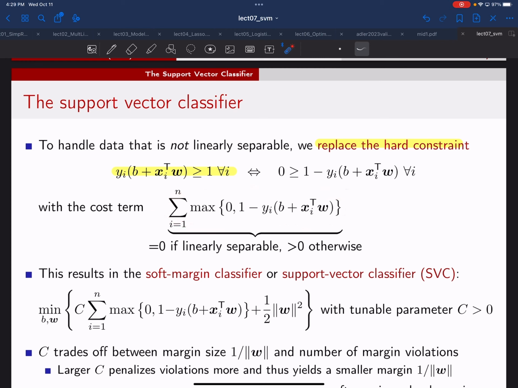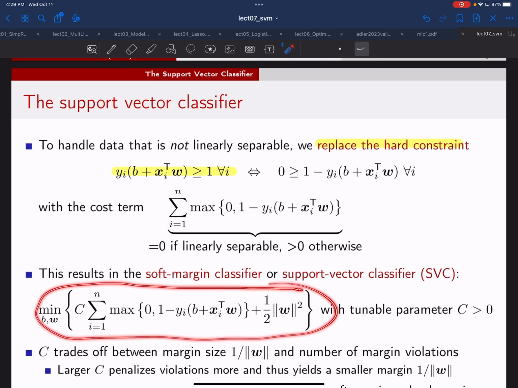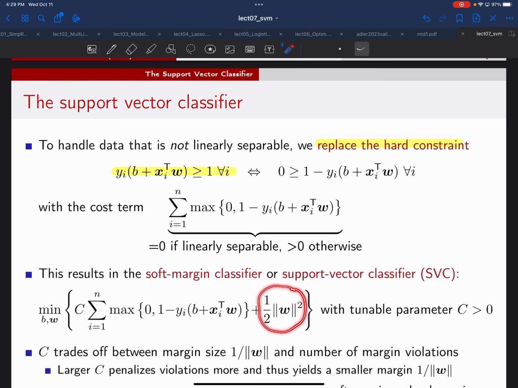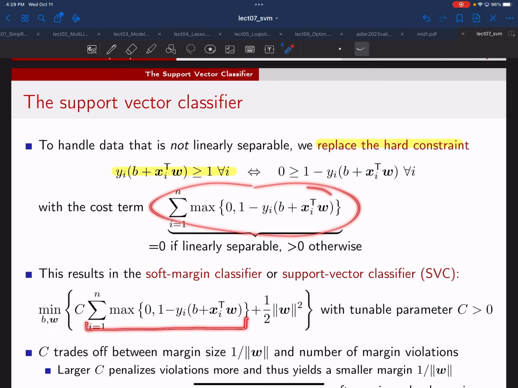So when you optimize, this is the new optimization problem. This part is from before, and now we're adding this new thing multiplied by some weighting term C. We'll talk about the effect of C in just a moment.